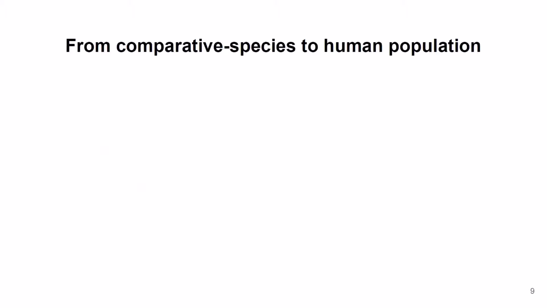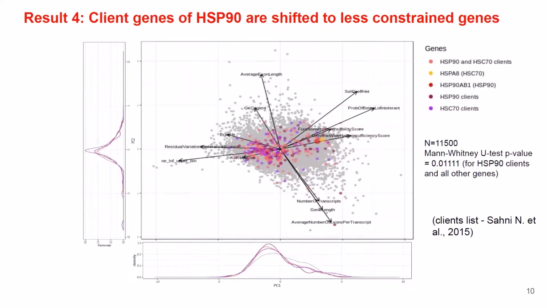So next, we switch our focus from comparative species analysis to analysis of the human population. First, we collected data about metrics of evolutionary constraint as well as the structure features of more than 11,000 human protein coding genes.